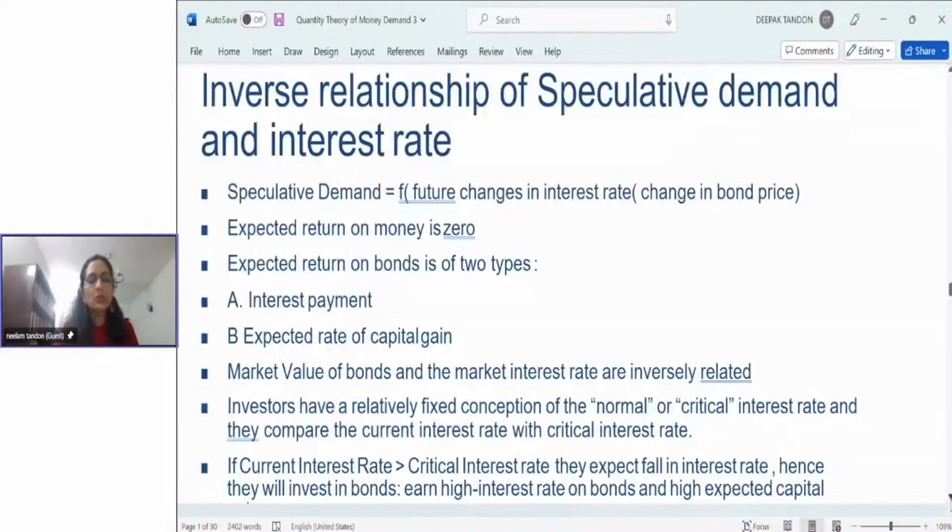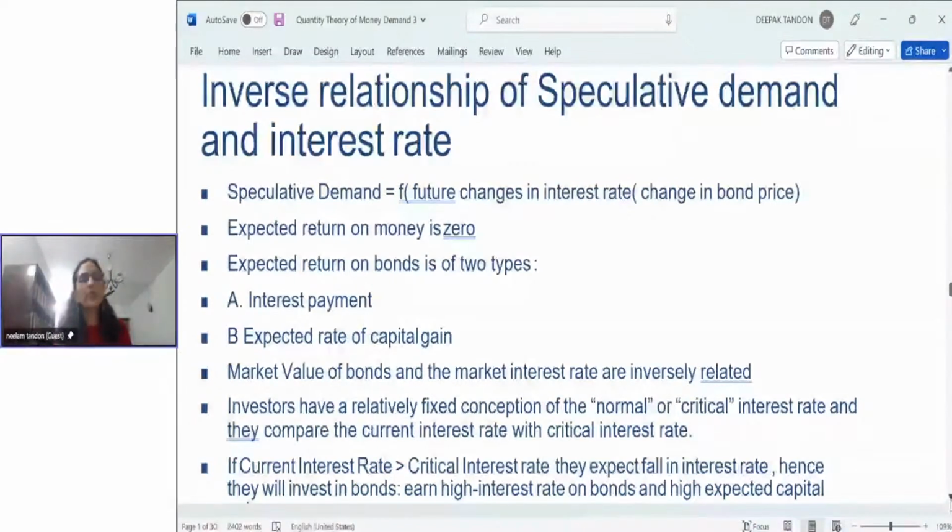The bond was issued in the market by Reliance, or let's say company X. 1,000 rupees was the bond price, and the interest rate was 5%.